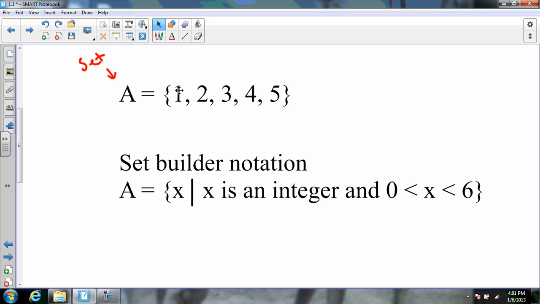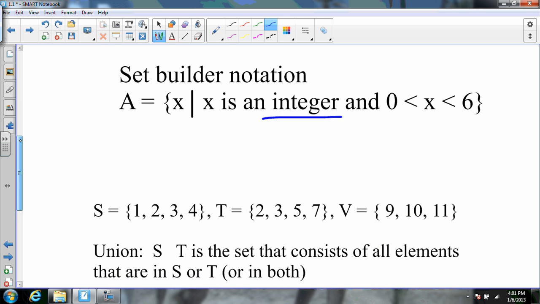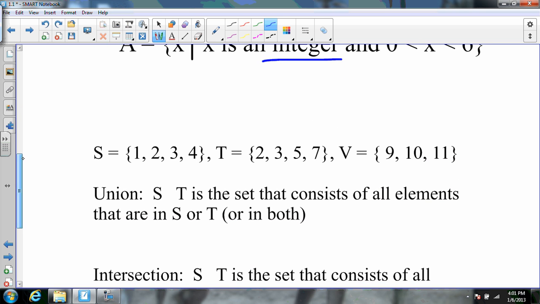X is greater than 0 because it's 1, and it's not including 6, it's only including 5, and it says the word integer, so we know there are no fractions included. So we could have many possible sets, such as S, which is 1, 2, 3, 4, T is 2, 3, 5, 7, and V is 9, 10, 11.